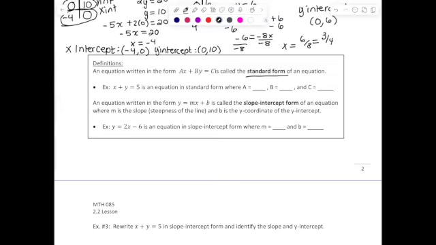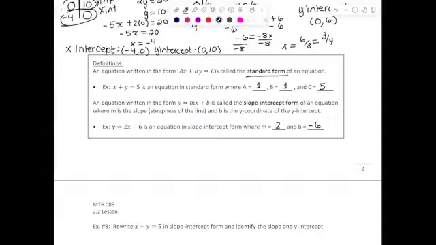So the original equation that we had, x plus y equals 5, is a standard equation where a equals 1, b equals 1, and c equals 5. An equation written in the form y equals mx plus b is called slope-intercept form of an equation, where m is the slope, the steepness of the line, how fast the line is growing, and b is the y coordinate of the y-intercept. For example, in this equation, the slope is 2 and b is -6.